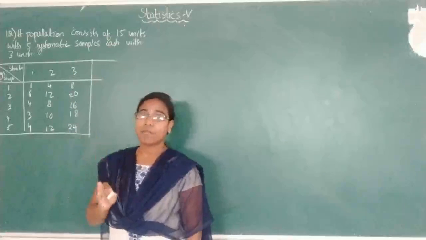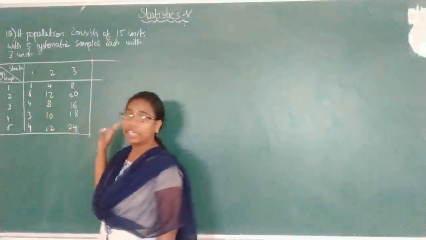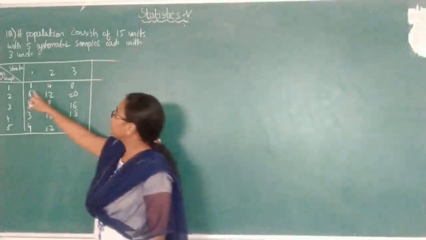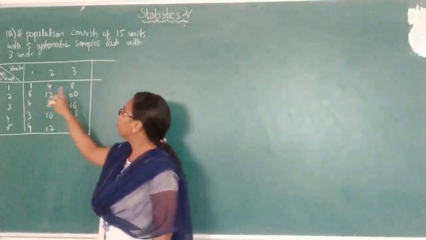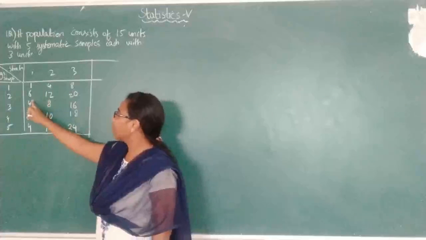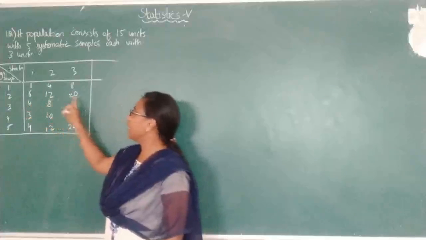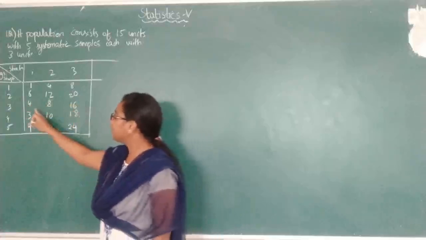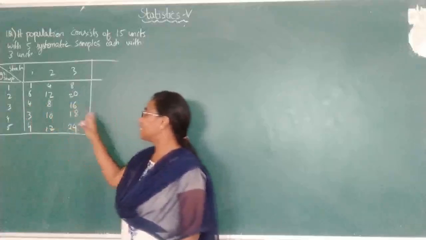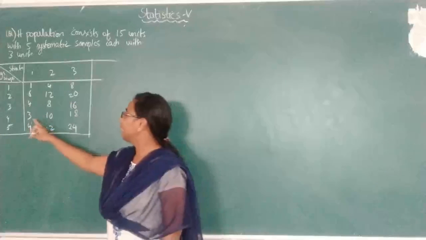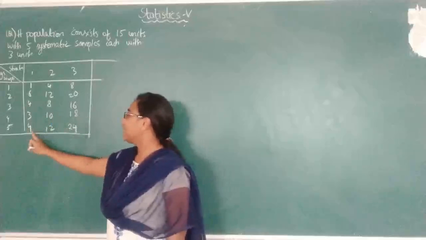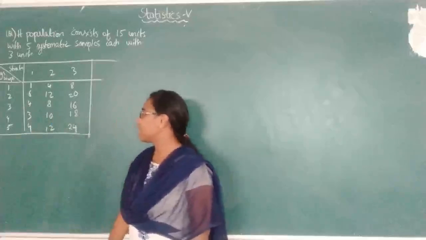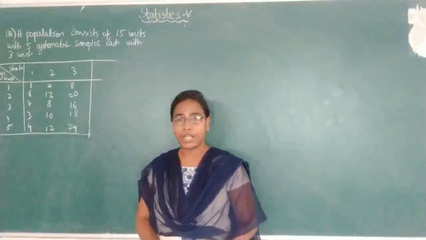In the first systematic sample the units are 1, 4, 8. In the second sample the units are 6, 12 and 20. Next, in the third sample 4, 8, 16. Next, sample 3, 10, 18. In the last systematic sample, the units are 4, 12 and 24.